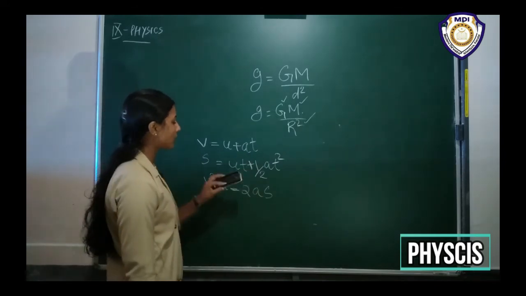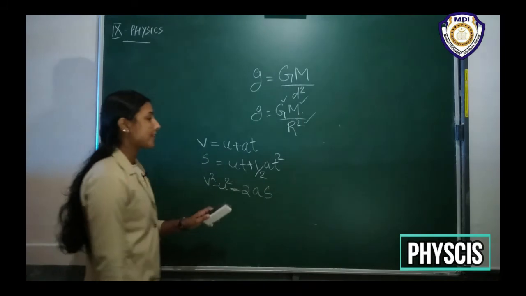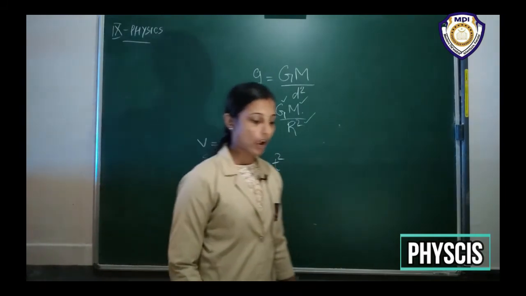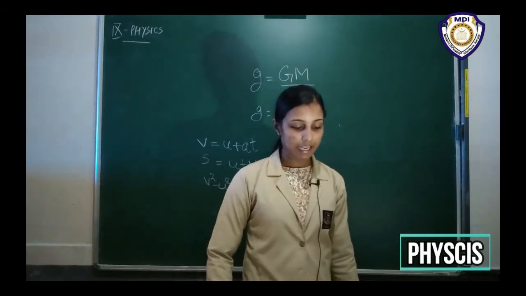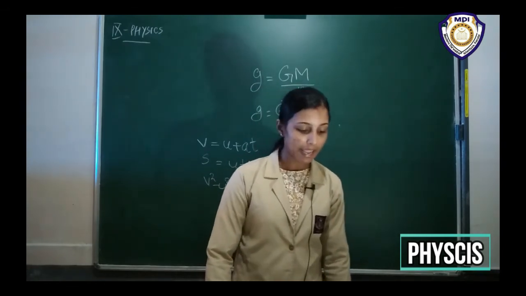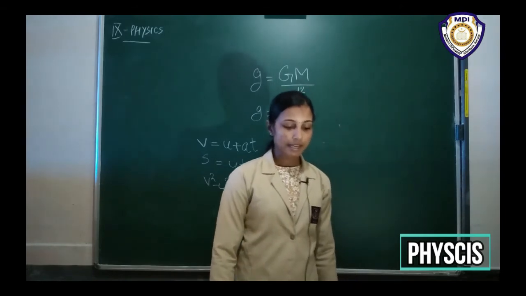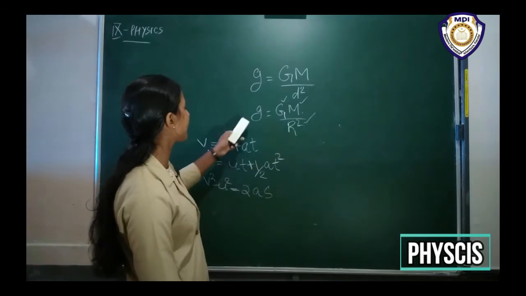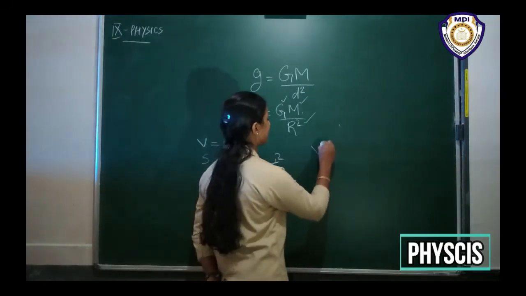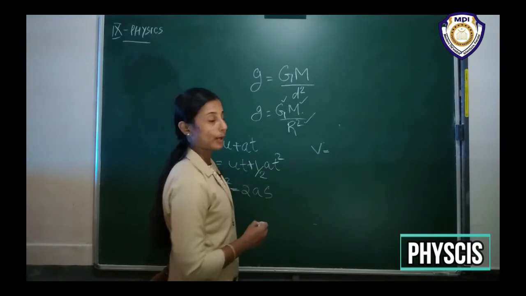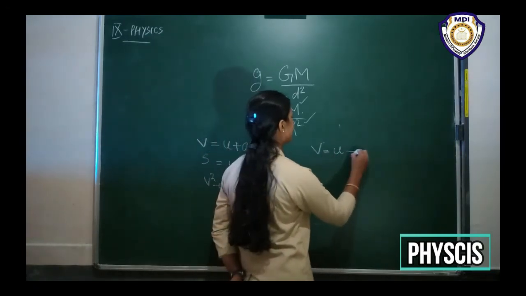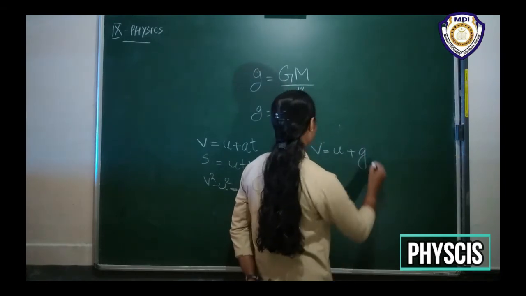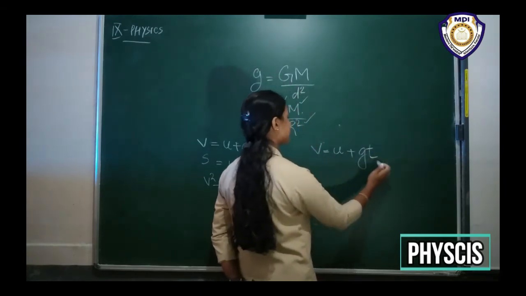All these equations are valid when we apply the acceleration due to gravity. As g is constant near the Earth, all the equations for uniformly accelerated motion become valid with acceleration a replaced by the acceleration due to gravity. So we can write v is equal to u plus gt.